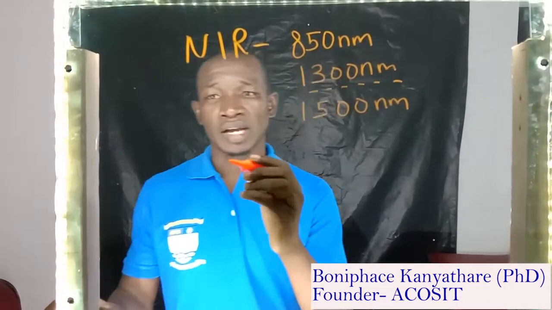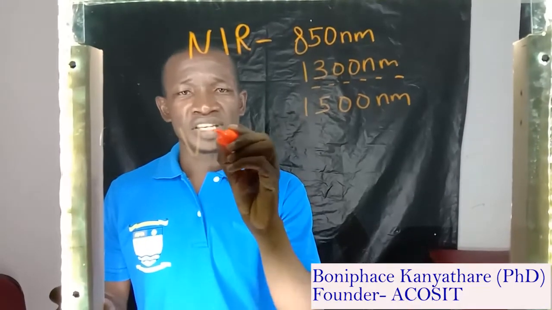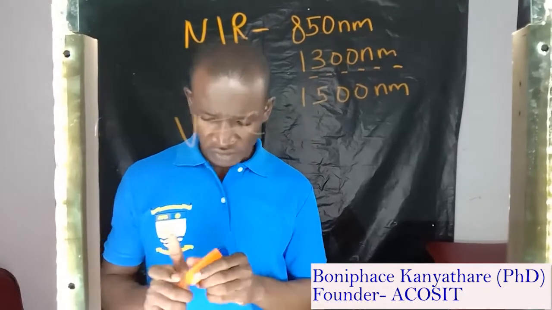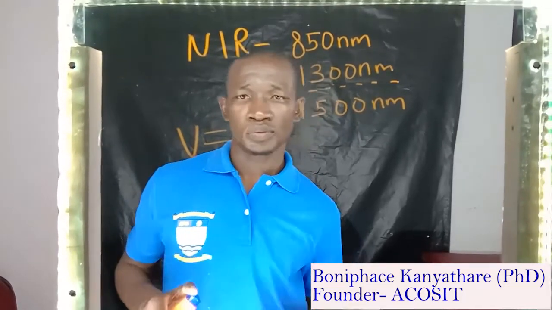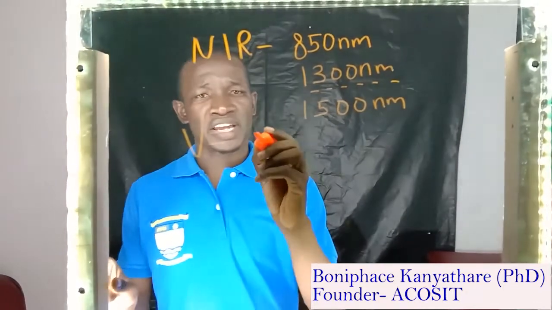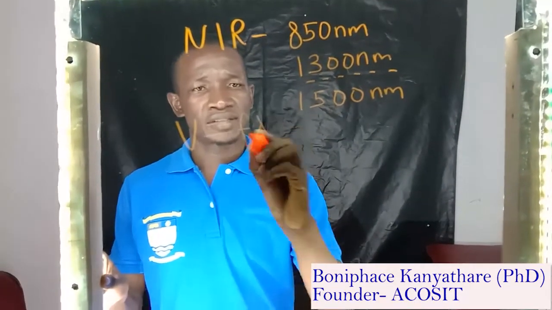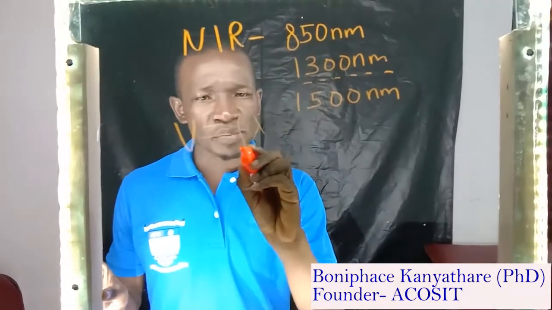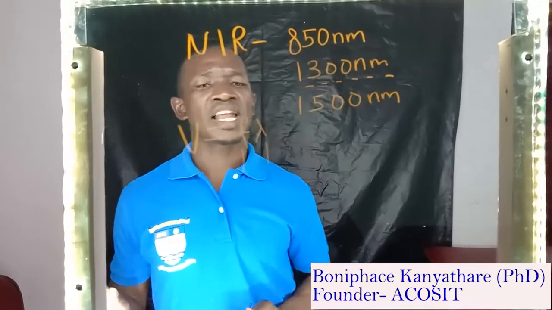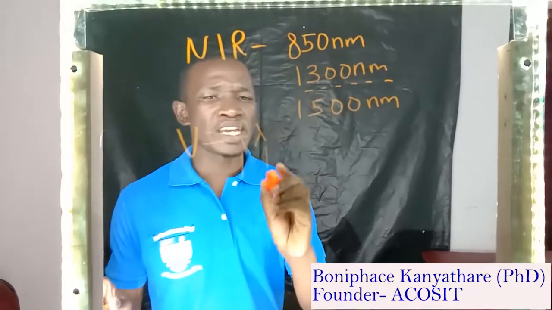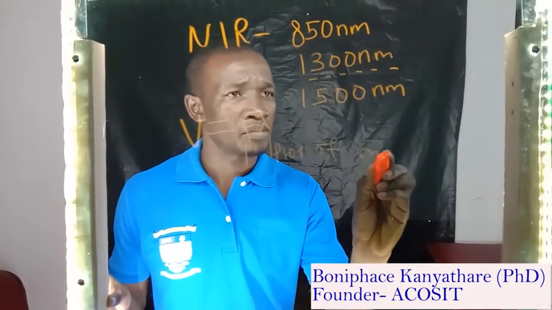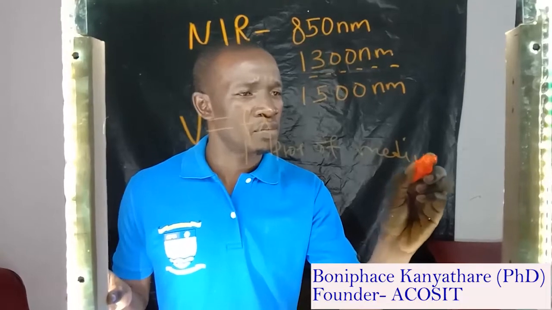You remember we discussed this formula: V equals f times lambda. We said f is the property of the source, and wavelength lambda is the property of the medium.